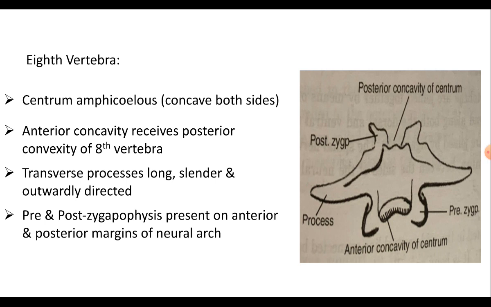One is the anterior concavity, which receives the convexity of the seventh vertebra, and the other is the posterior concavity, which receives the convexity of the ninth vertebra. In the eighth vertebra, the transverse processes are long, slender, pointed, and outwardly directed. The pre-zygapophysis and the post-zygapophysis are present on anterior and posterior margins of the neural arch.